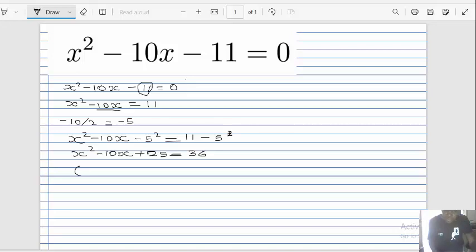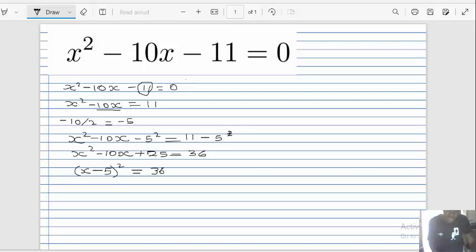Let me rather put it in brackets, so you can see the step. Squared, so x here and 5 here, because the negative sign is 10 in the middle, we are going to put the negative sign there. So that is equal to that, and then we are still going to have our 36.